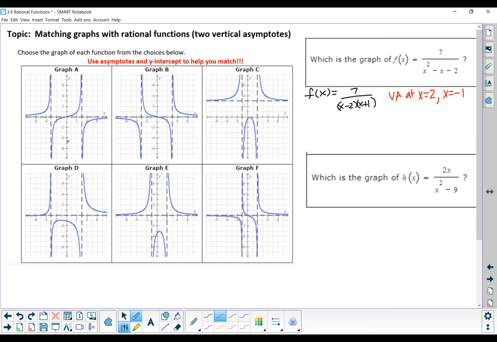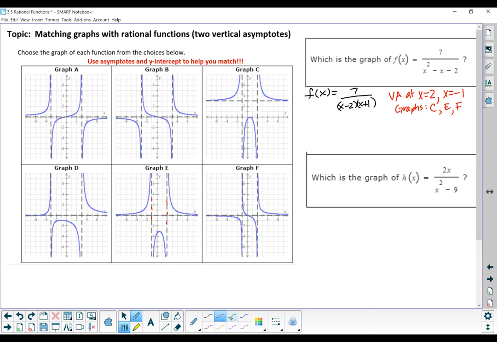Graph A does not have asymptotes at 2 and negative 1, nor does graph B. Okay, so graph C is possible. Graph D is not. Graph E does have vertical asymptote at negative 1 and positive 2, and so does graph F. So when you look at your first characteristic, you'll probably still have like 2 or 3 possibilities.